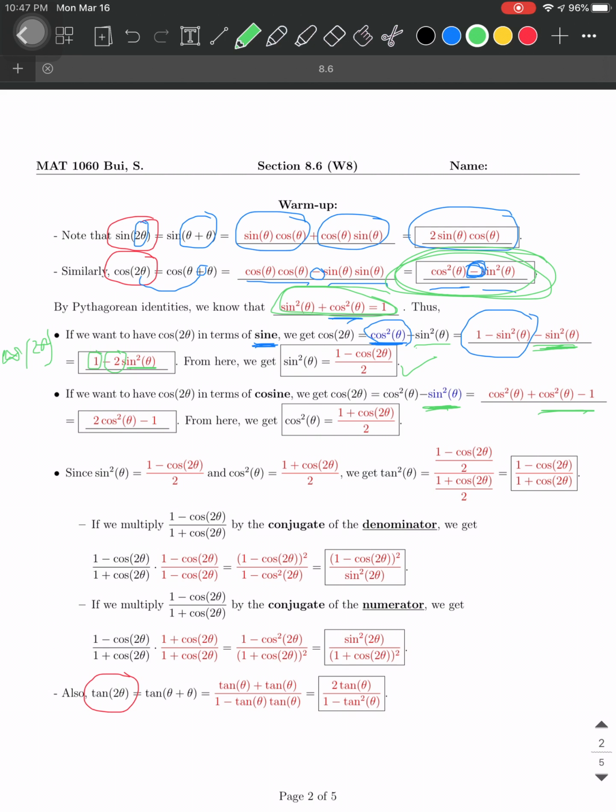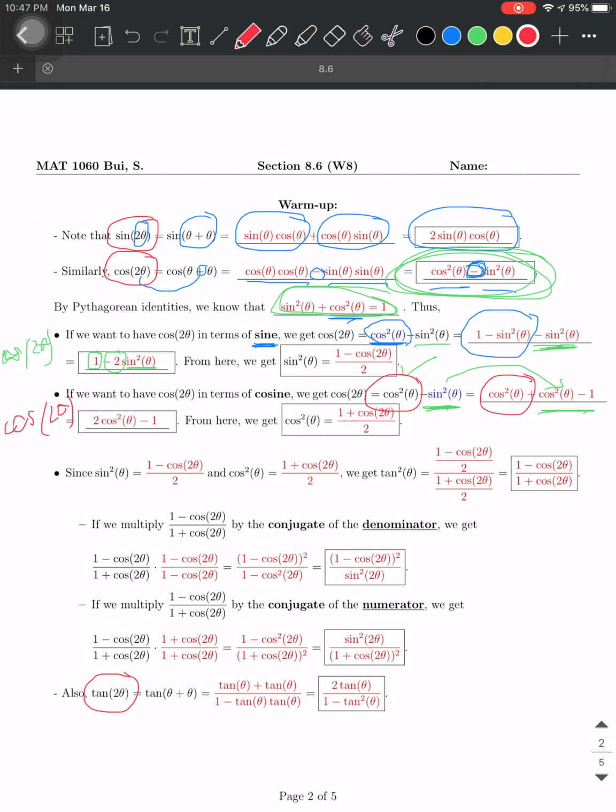So then we substitute it back in, and then we rewrite cosine squared in here. So now we end up having cos squared theta plus cos squared theta minus 1. And then we combine the like terms, and we end up having 2 cosine squared theta minus 1. And this is also the formula for cosine of 2 theta.